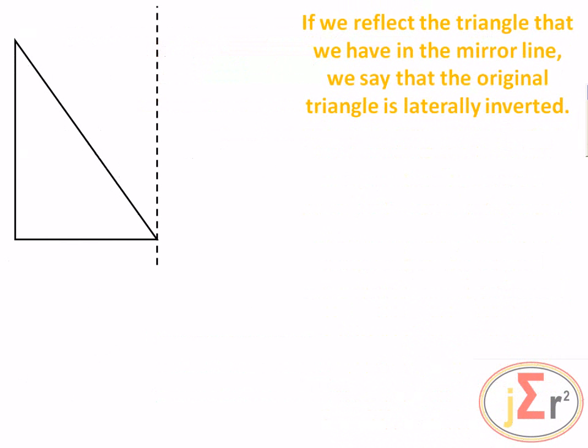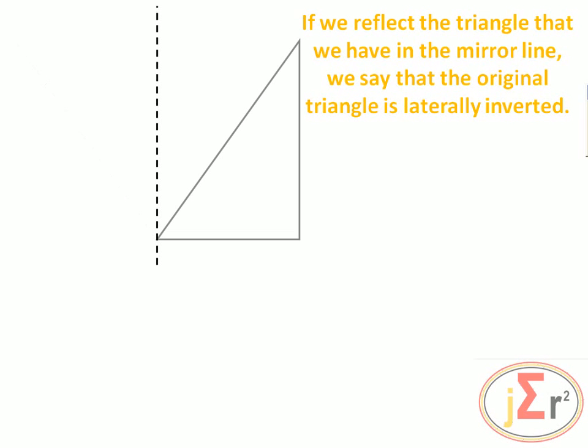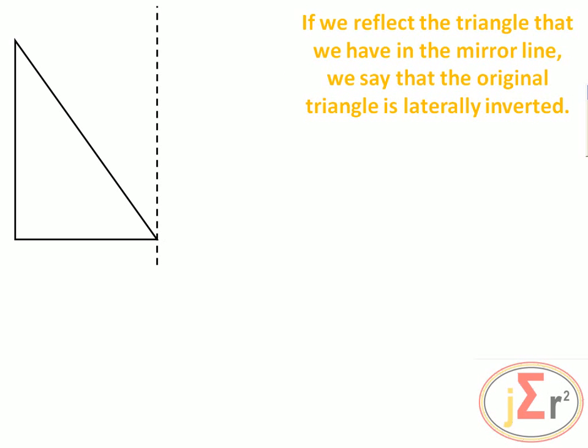If we reflect the triangle in the mirror line, we say that the original triangle is laterally inverted. It is flipped over or turned around sideways, but not just sideways, but the opposite way.